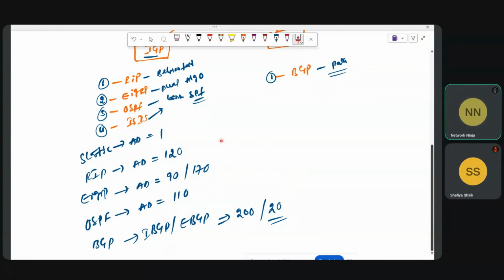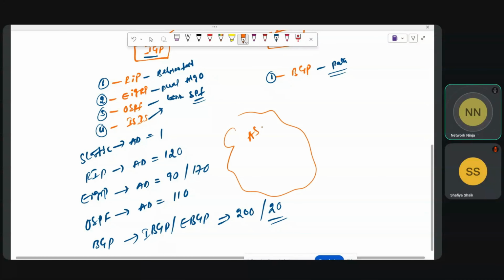Within an organization, within the autonomous system, we are going to run IGP protocols like RIP, EIGRP, OSPF. But between autonomous systems, see, this is your autonomous system, consider this is your AS100. We have multiple routers connected together in the autonomous system.